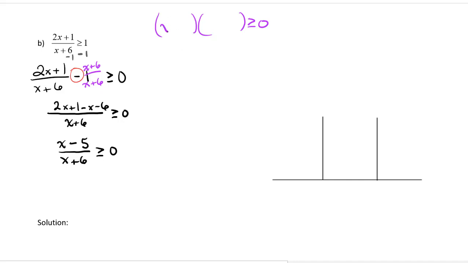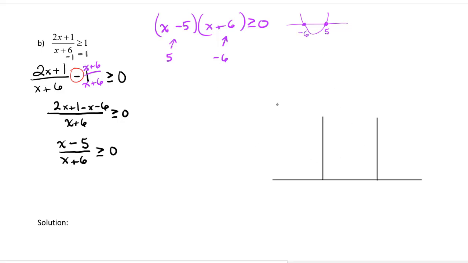So x minus 5 times x plus 6, my two zeros would be at 5 and at negative 6. So I'll go ahead and note that it's a parabola opening upwards with zeros at negative 6 and at 5.